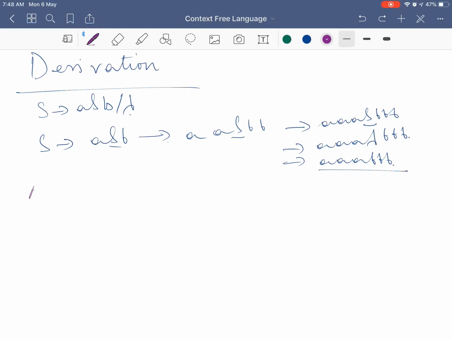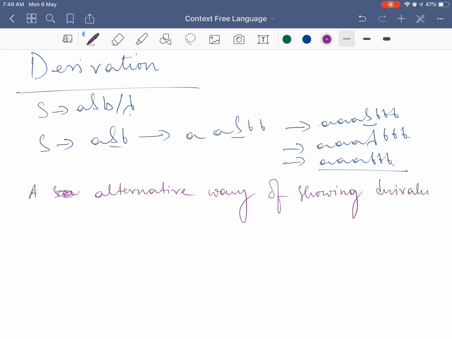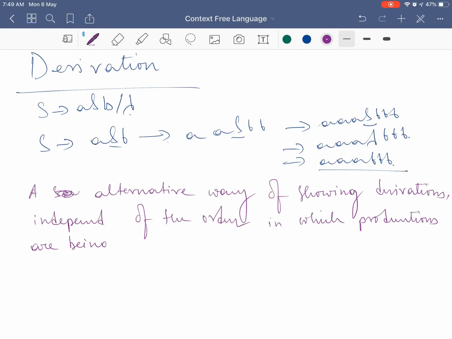So a second way, or an alternative way, of showing derivations independent of the order in which productions are being used is by derivation tree.